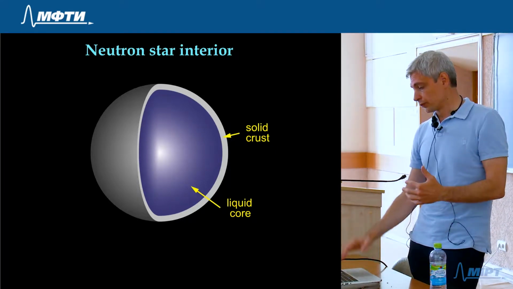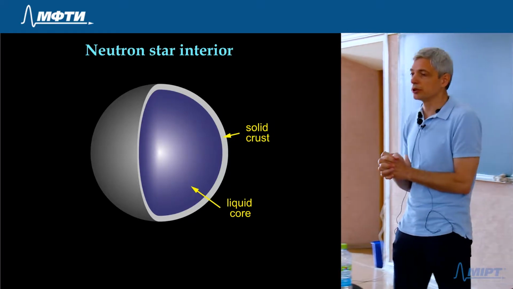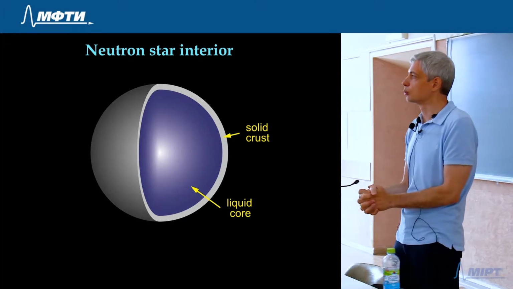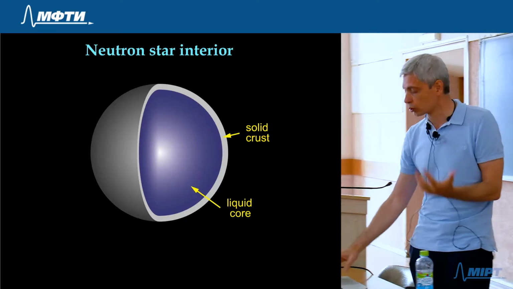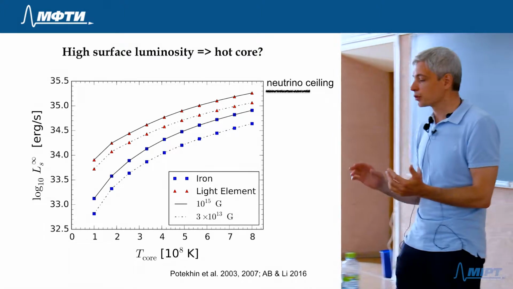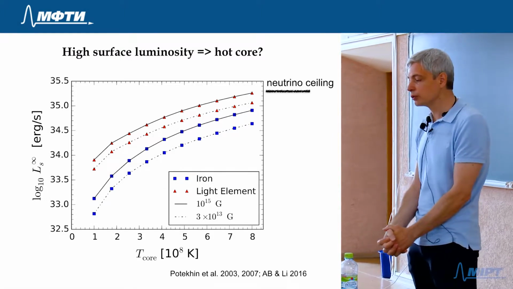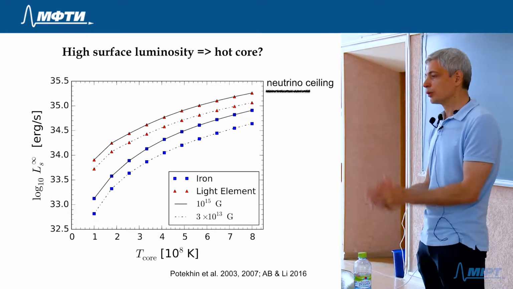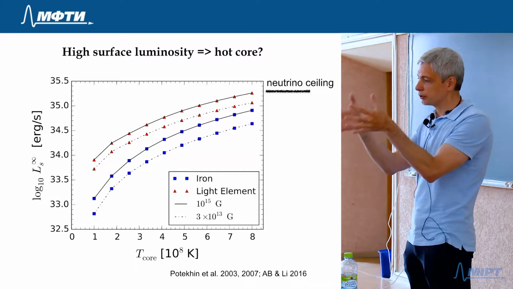And your first natural assumption would be that there must be something going on in the core. The core is hot, unusually hot, compared to other normal neutron stars, not magnetars. You can quantify this kind of expectation if you solve a simple steady-state problem when you assume a certain temperature in the core.